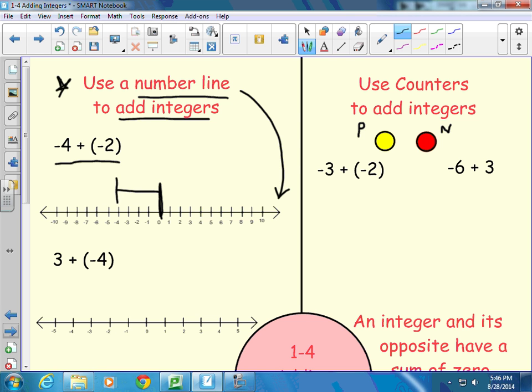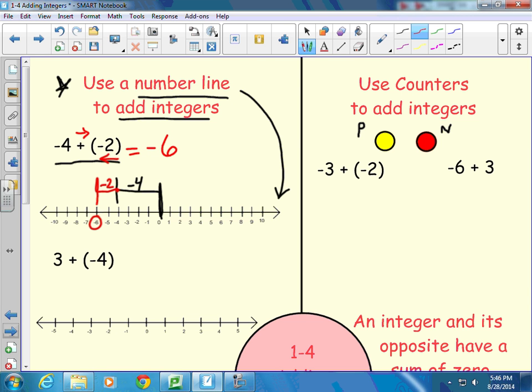So I'm here at -4, and what I want to do is add a -2 to that. Well, adding we think is a positive movement to the right, but a -2 we know is a left movement, a negative movement. So from that -4, we're going to go 2 units to the left, so we go over 1 and 2, and where we end up is that -6.